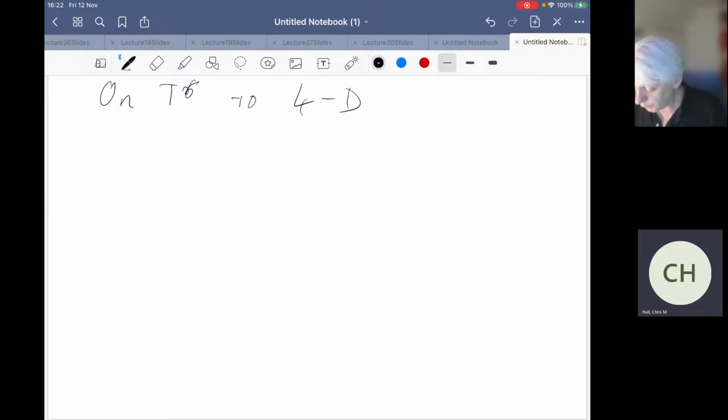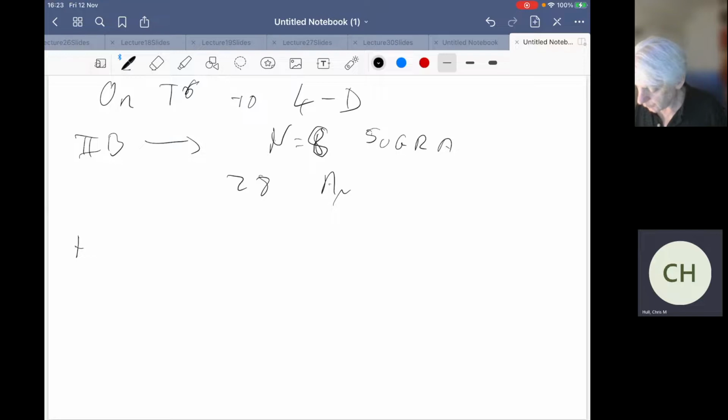So if we start off with 2B, this gives rise to N equals 8 supergravity in 4 dimensions, which as I've already mentioned, has got 28 vector fields A mu. And if we take the type 1 or heterotic down to 4 dimensions, we get N equals 4 supergravity plus N equals 4 super Yang-Mills.